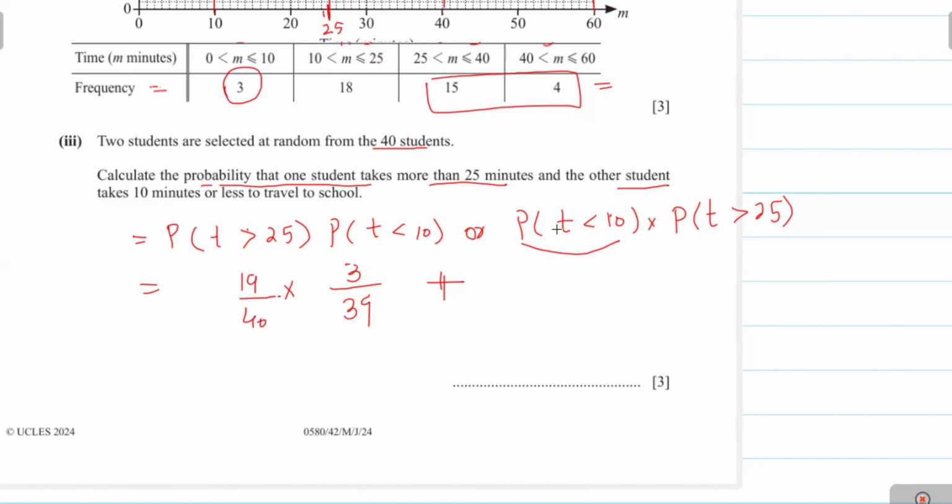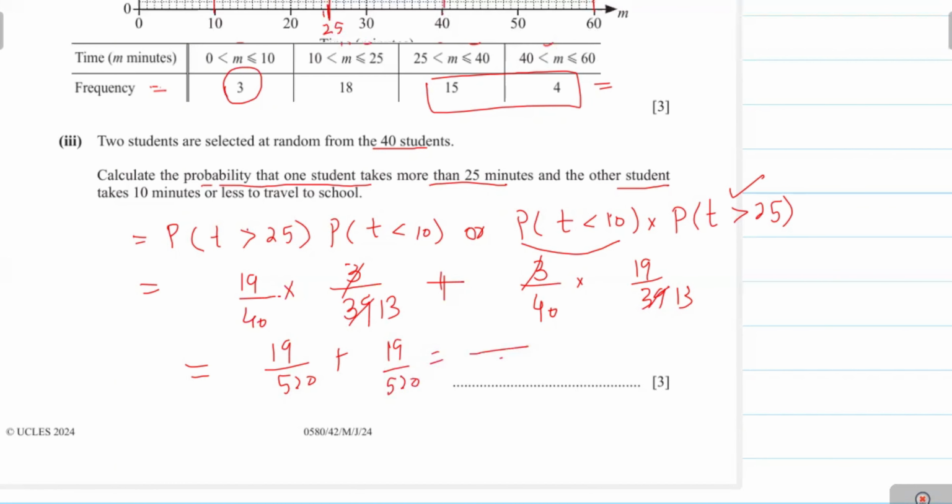The probability of a student who takes less than 10 minutes is 3 out of 40, and the student who takes more than 25 minutes is 19 out of 39 because one is already selected. This will be equal to 19 over 520, and this will also be equal to 19 over 520. Adding, we get 38 over 520, and when we divide by 2, we get 19 over 260.